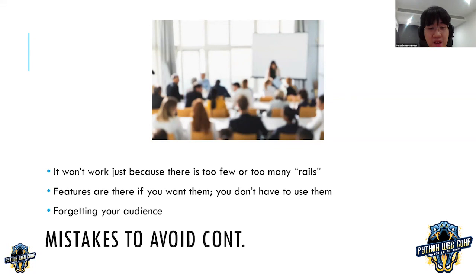Also, features are there if you want them, you don't have to use them. Like I mentioned before, features that highlight URL dispatch and others are all there for ease of convenience, but it doesn't mean you have to use them all the time. They are there for you to utilize when necessary.